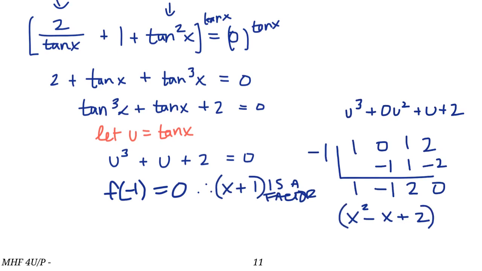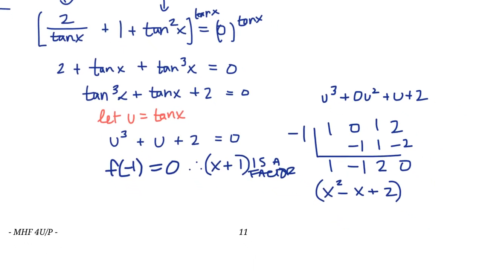So our final factored form is going to be x plus 1 times x squared minus x plus 2. And that we know equals 0, right? Oh, I used x's here. These should definitely be u's, right? U is the variable that we're using.